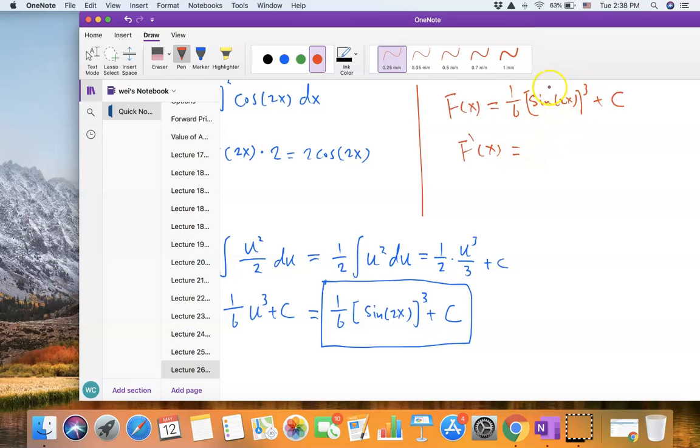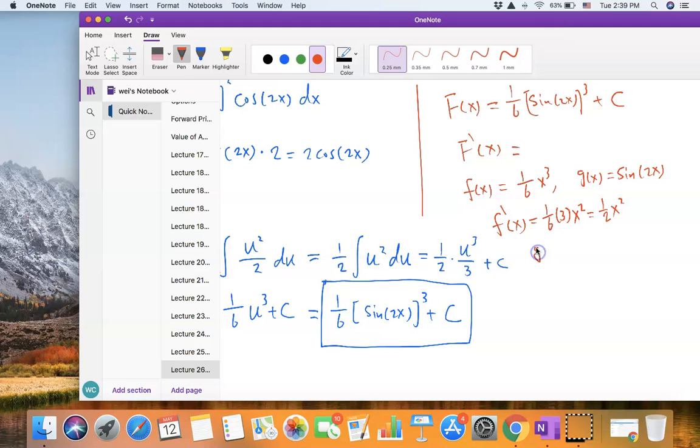Because this function is a composite function, the outer function is 1 over 6 times x to the third, and the inner function is sine of 2x. Therefore, the derivative of the outer function is 1 over 6 times 3 times x squared, which is 1 over 2 times x squared.